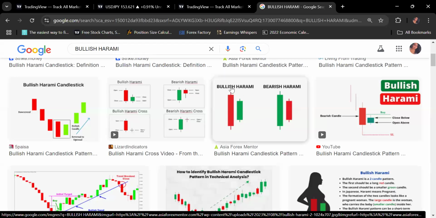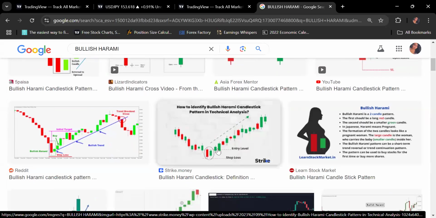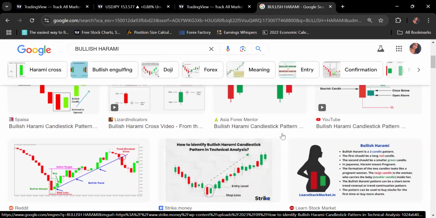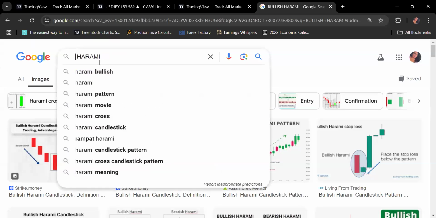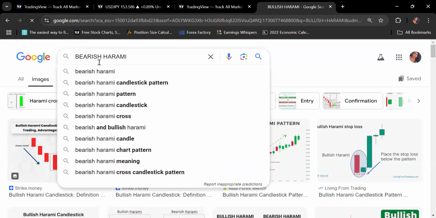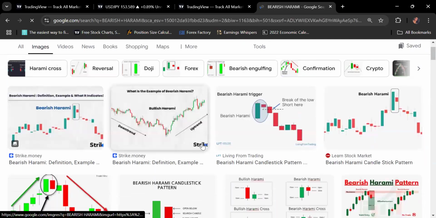So bullish harami, you would want to see that at the bottom, if it can't break a lower low or at a support, you definitely want to spot those out. And then let's look at bearish haramis. Can you guys see my Google, right? Okay, because I'm just chopping it up.